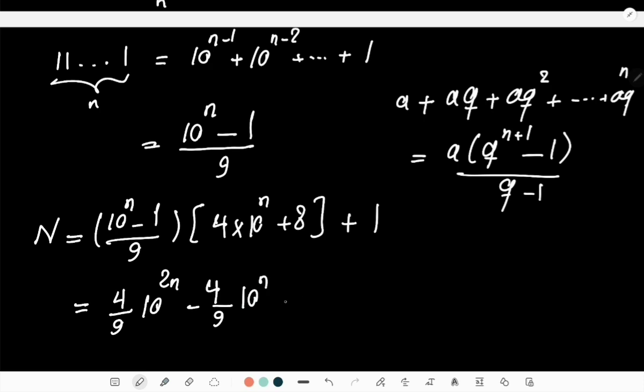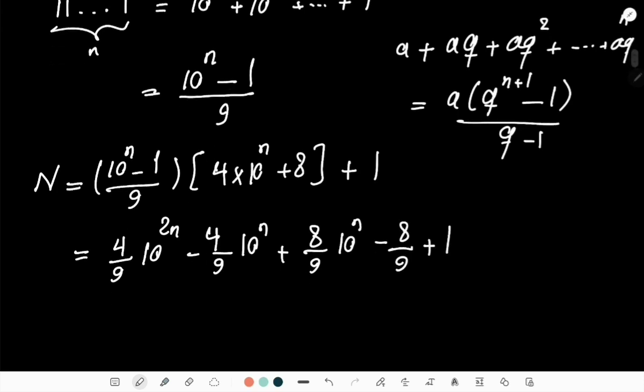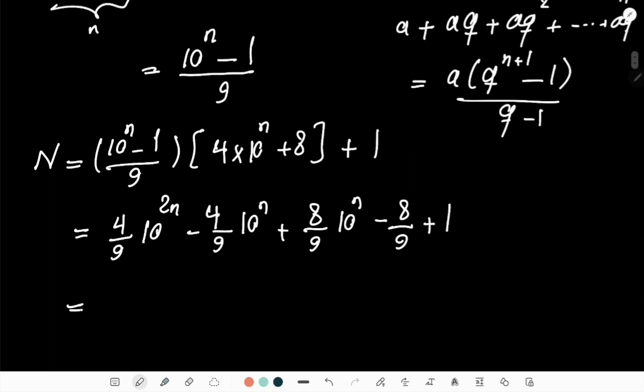And here we get 8 over 9 times 10 to the power of n minus 8 over 9 plus 1. If we simplify this further, then we get 4 over 9 times 10 to the power of 2n plus 4 over 9 times 10 to the power of n plus 1 minus 8 over 9, which will be 1 over 9.